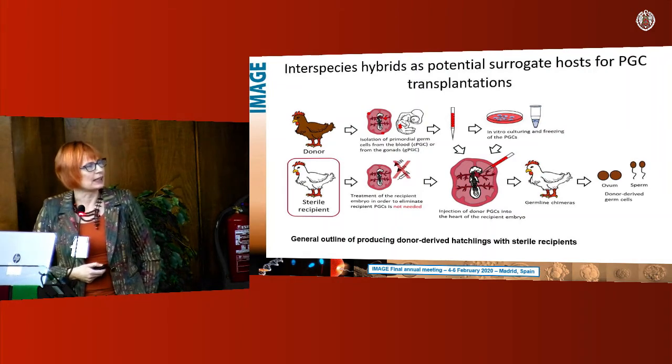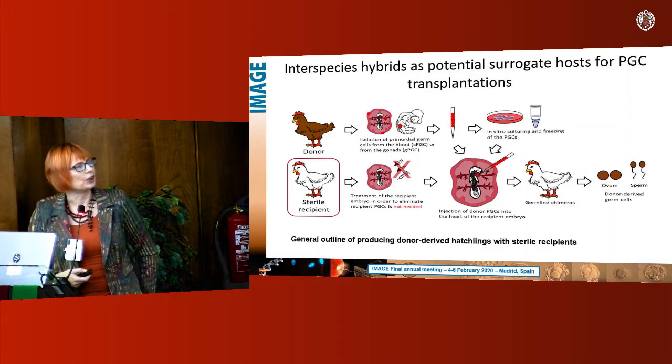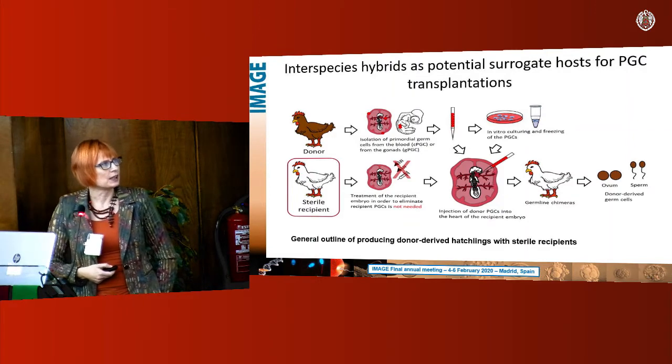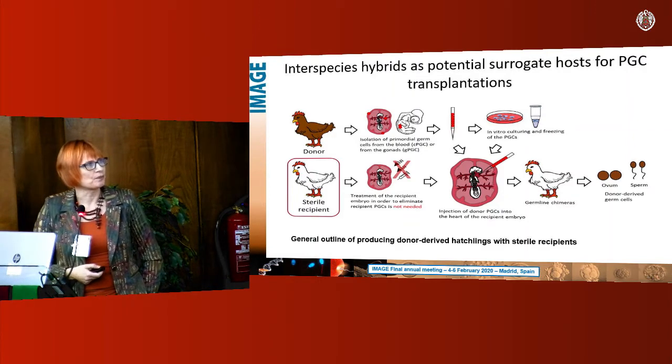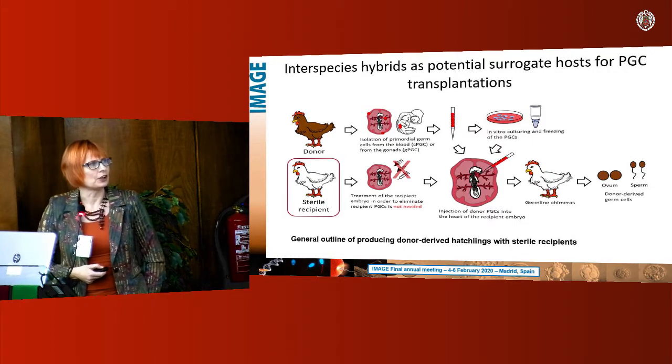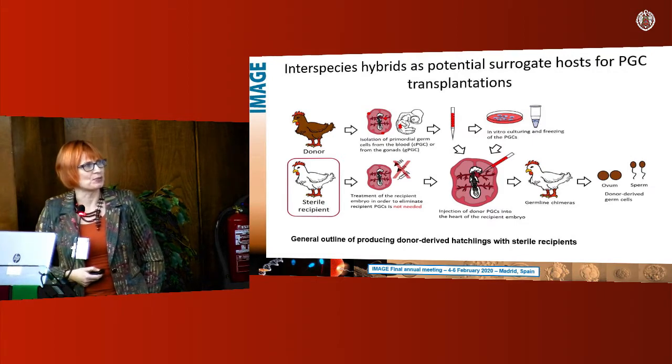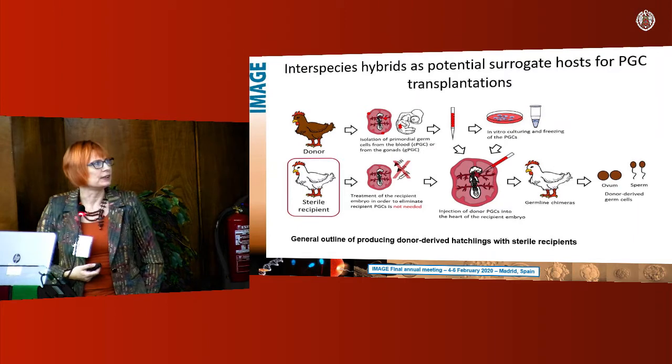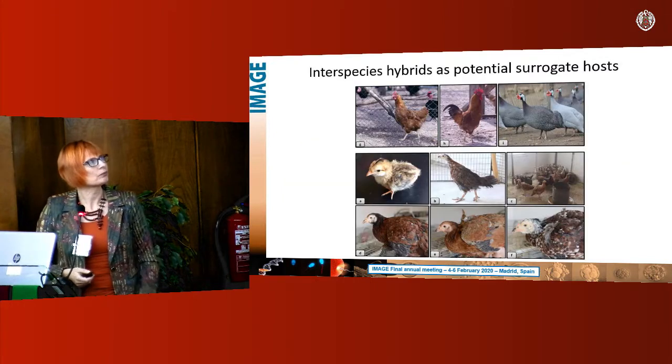And in this case, if we inject the donor PGCs into recipient embryos, we can obtain donor-derived germ cells in 100% from these germline chimeras. So this is the general outline of producing donor-derived hatchlings with sterile recipients.